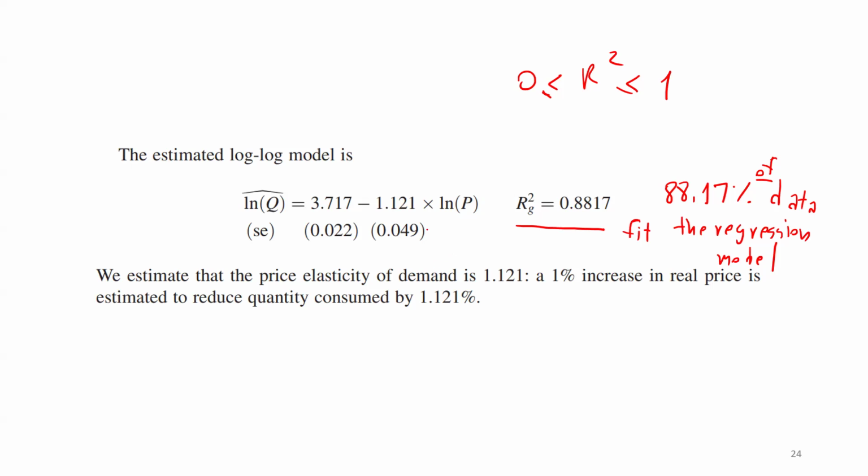And how can we interpret this beta in the log model? You have to interpret both sides as percentages, which means if the price increases 1%, 1% increase in real price, the sign is negative, right? Because it has a minus, so it reduces consumption by 1.121%.